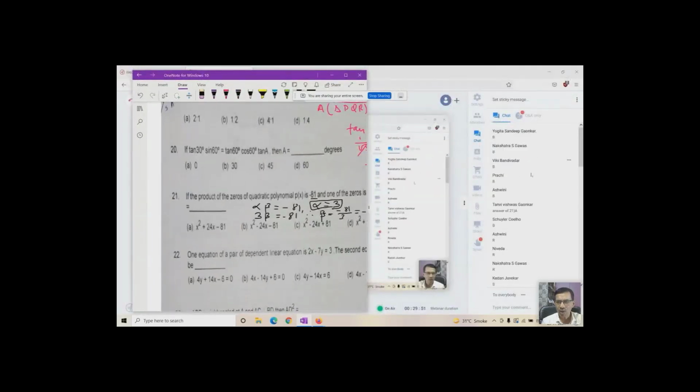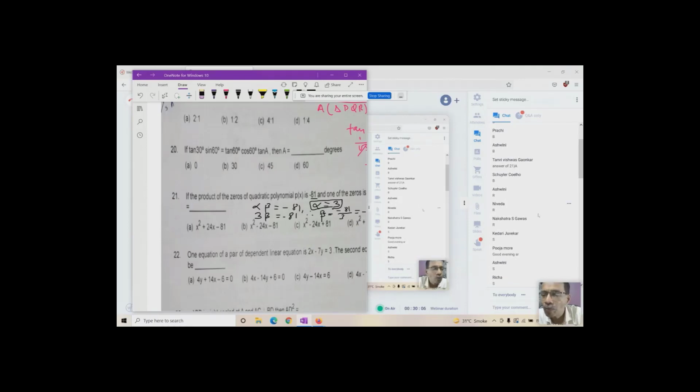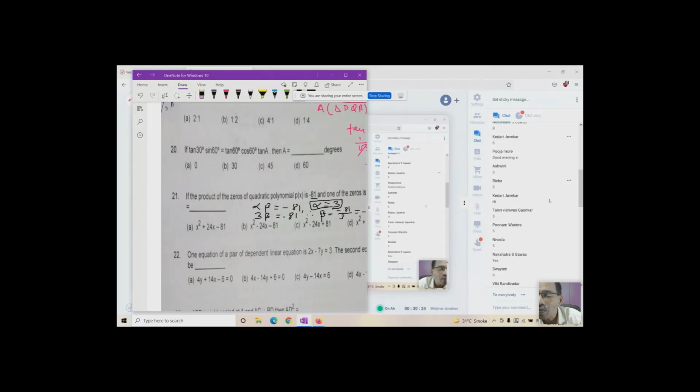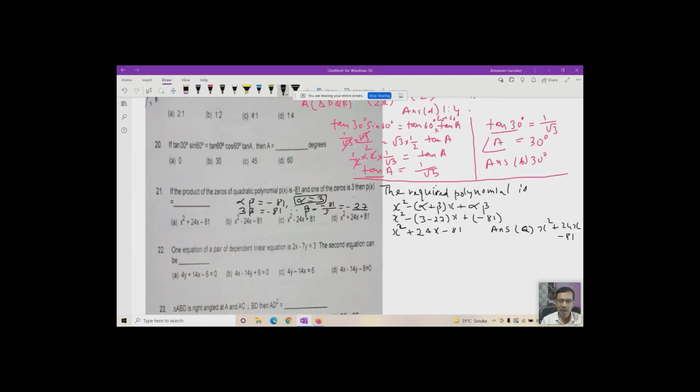Most of you had written the answer as B, but the answer turned out to be A. Only Sania had said it is A, and somebody else had said A. Anyway, this was the answer. If you have any question in this, you can ask. Otherwise, I will go to the next one.